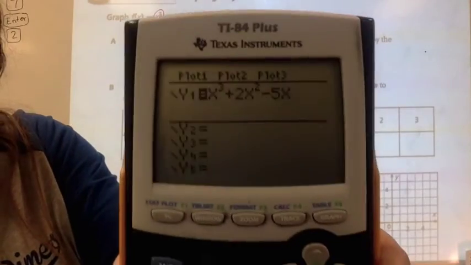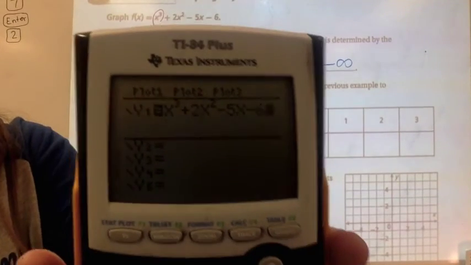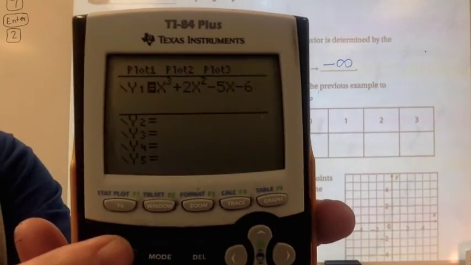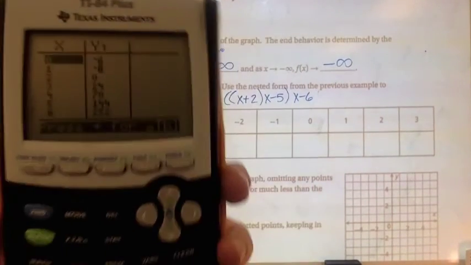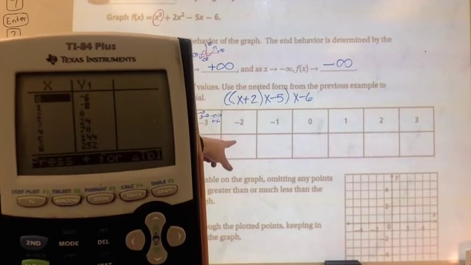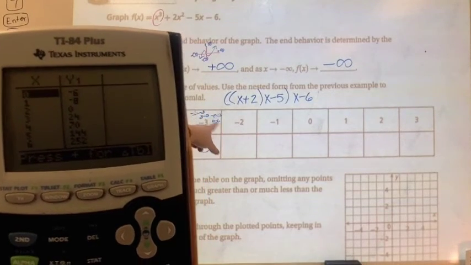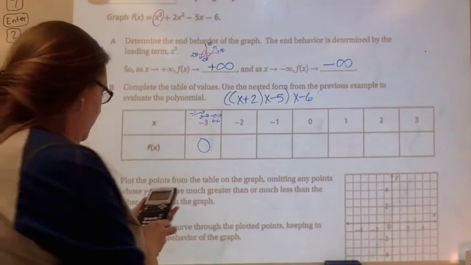Just plugging it into the y equals. Got it all plugged in there. Then I'm going to hit second and graph, and it takes me to the table. So then I can use this table to copy values into the table on the screen. Okay? Or you can keep plugging it into the nested formula, or you can keep plugging it into the f of x formula, or the standard form.